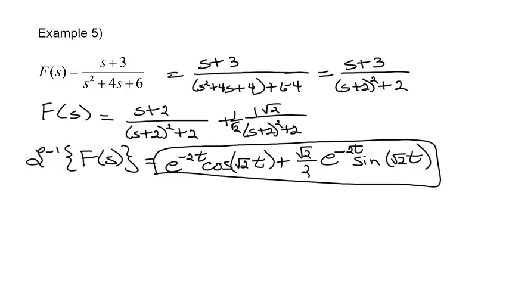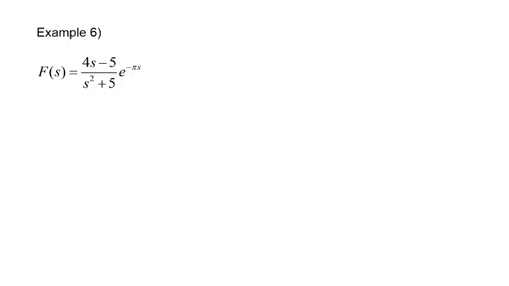Okay. Example 6. Now you'll notice a little bit different scenario, because we have a product of a function of s, and that's the fraction, times e to the negative pi s. So to be able to find the inverse Laplace of cap F of s, we are probably going to need to use the very last rule, rule number 12. And on that particular problem, let me write down the rule just so you'll have it here.